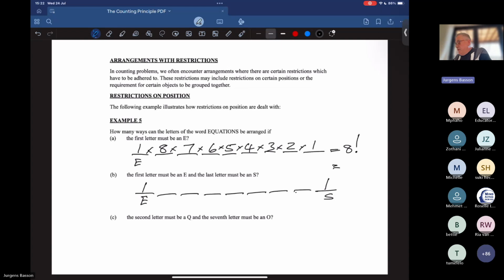And now in between, there are no restrictions. And you agree there are now 7 letters left. So we go 7, 6, 5, 4, 3, 2, 1. And now we're going to multiply. And you agree in multiplication, this 1 in the beginning and at the end, it's got no impact. So the answer now, 7 factorial.